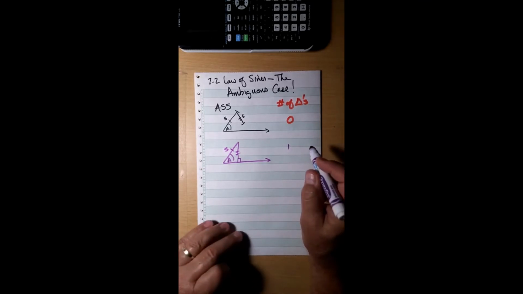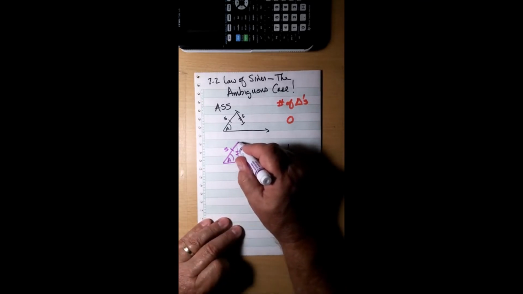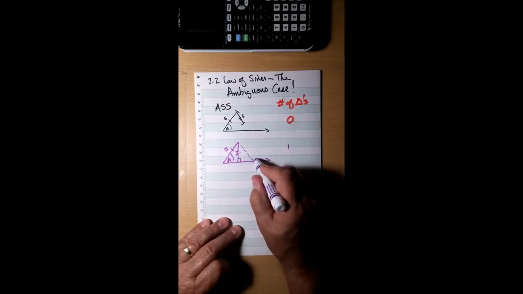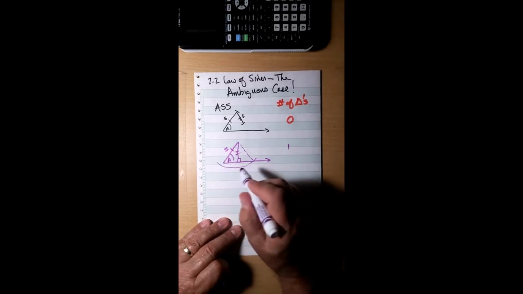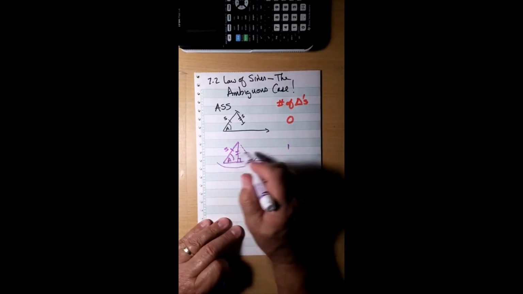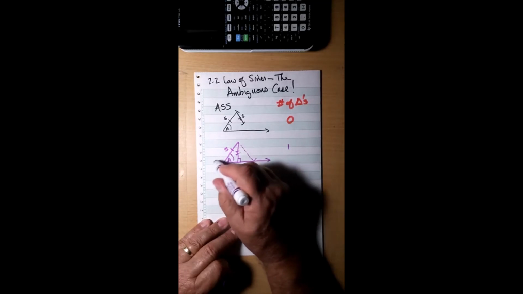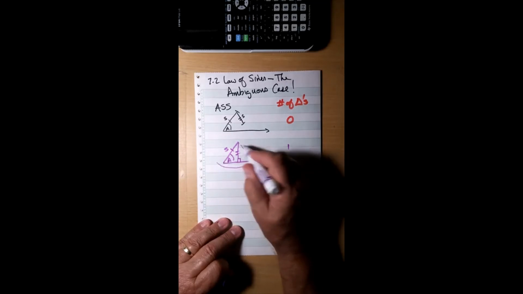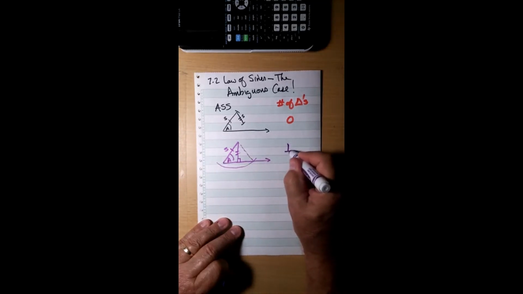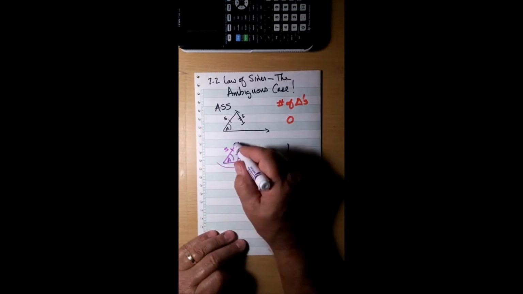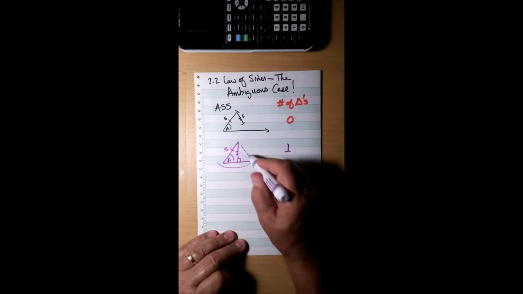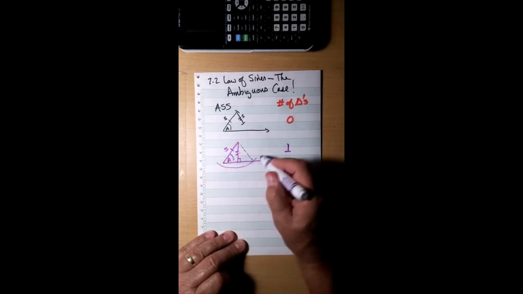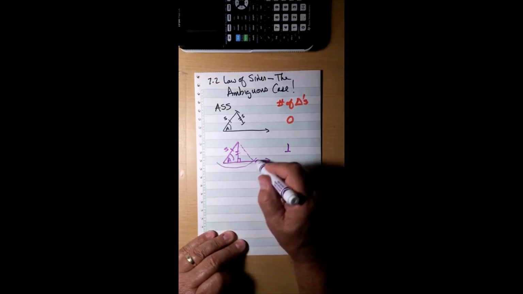Now this could also happen if your side was long enough so that when you swung it over, it did not create a side because it was coming past this. So that could also be one triangle. Either exactly right, making a right triangle, or a little bit long so that it misses, so it's only one triangle.